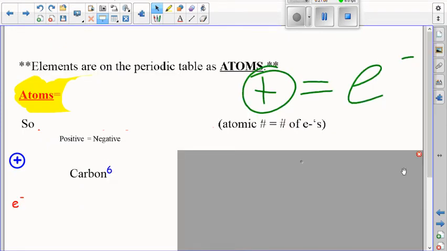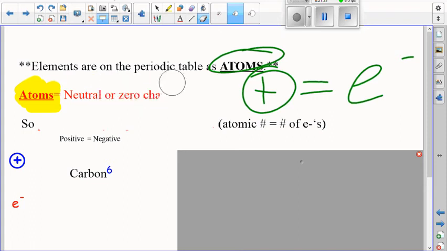Now, elements on the periodic table are called atoms. I use this word atoms specifically because when I say the word atom, here's what I'm implying. Atoms are neutral or have zero charge. So if I say the word atom, you can rest assured that the thing I'm talking about has a charge of 0. Here's what that means.